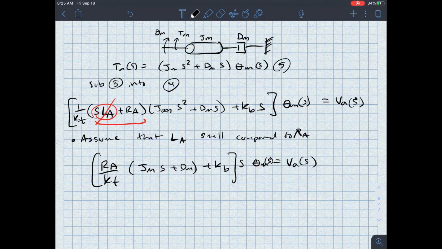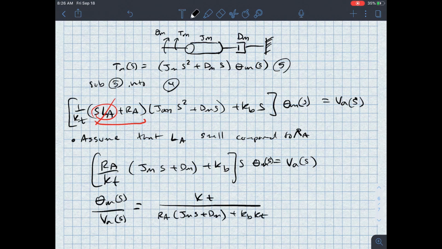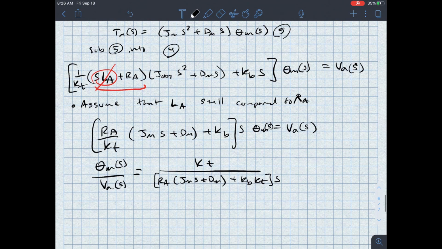Now, if I multiply Kt by both sides, I can find that theta m(s) over Va(s) is equal to Kt over Ra times Jm s plus Dm plus Kb Kt, all multiplied by s.